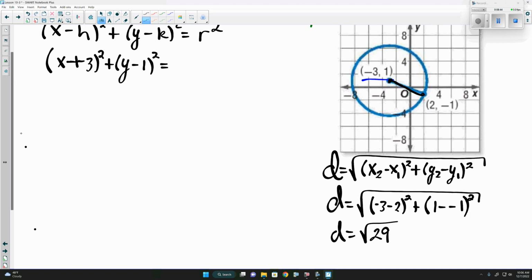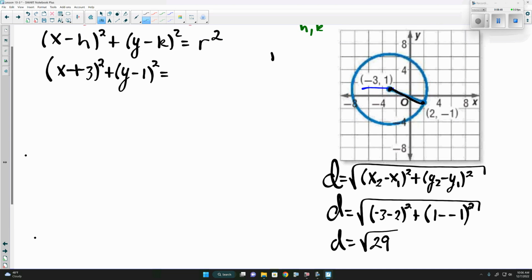Any questions on how we found that the radius is the square root of 29? Well, we can plug it in.